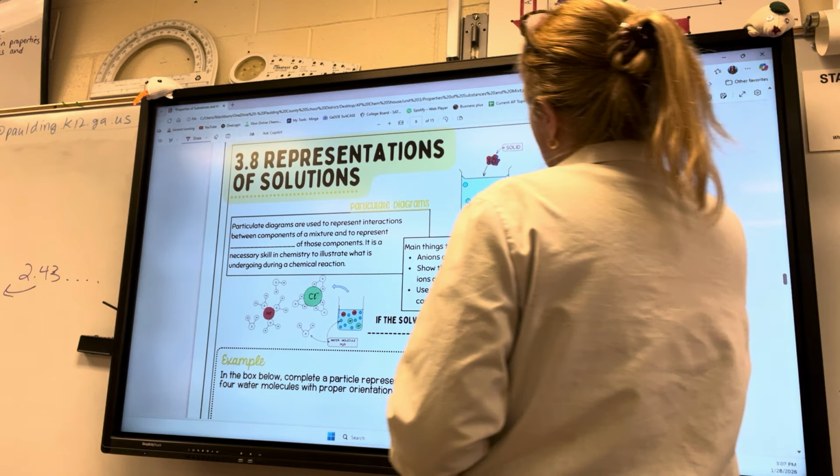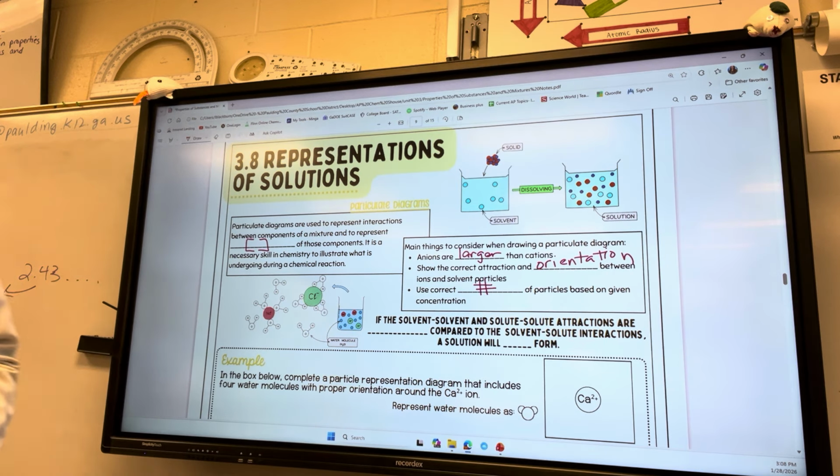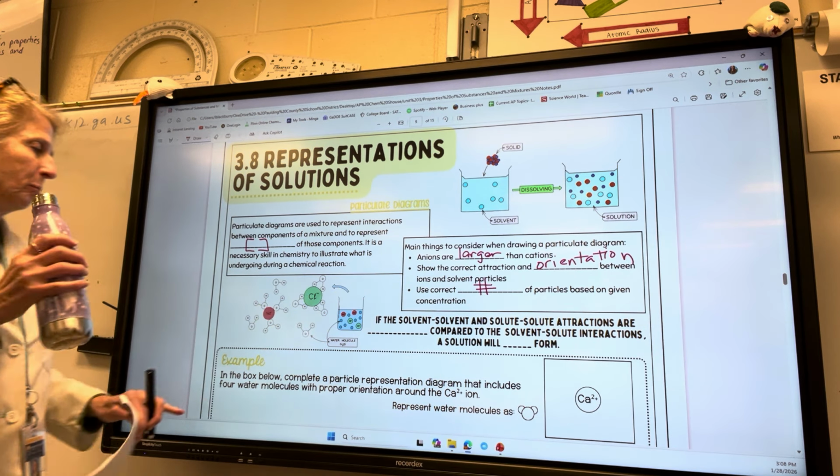The main thing to consider is that anions are generally larger than cations, and that you need to show the correct number and the orientation. This is more about these little drawings. Between ions and solvent particles, you have to have the correct number of particles based on concentration. They will make you draw little pictures.